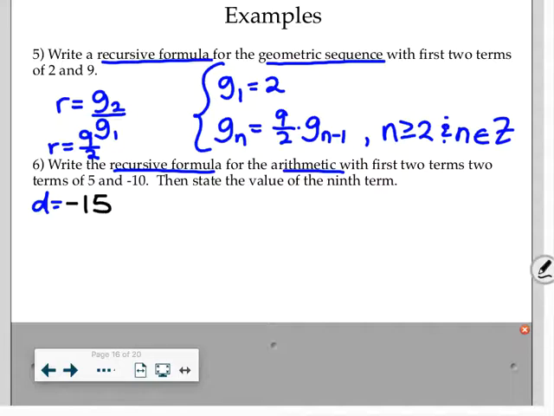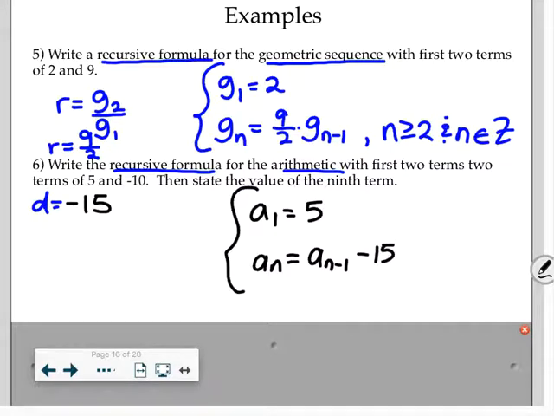So, recursive, I state the first term, and then what are you doing to the previous term? You're subtracting 15. So, this is n greater than or equal to 2, n is an integer. Then it said find the value of the 9th term.